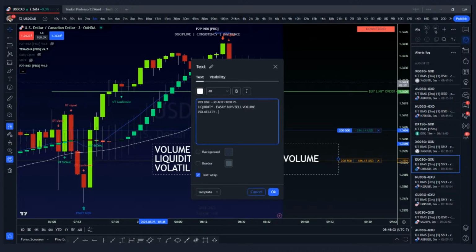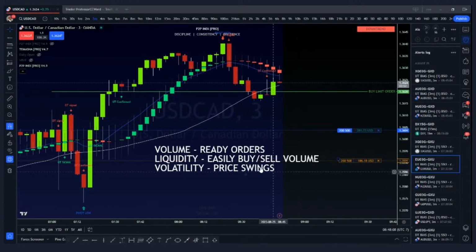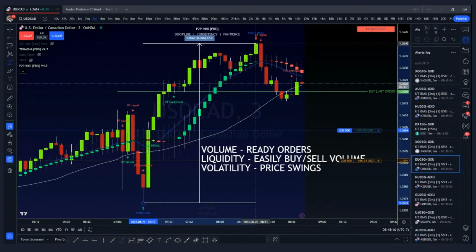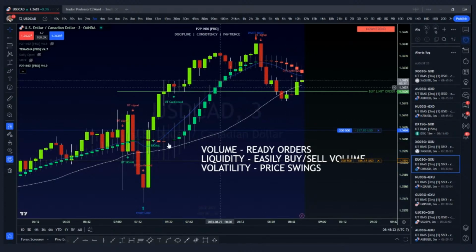And so volatility talks about price swings. What does that mean? It means this. Dollar CAD is, let's say the price swing on the 3-minute chart is 67 pips. Okay, you're basically just saying that that's how volatile it is.